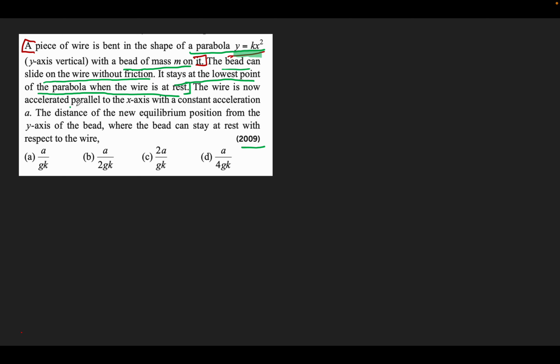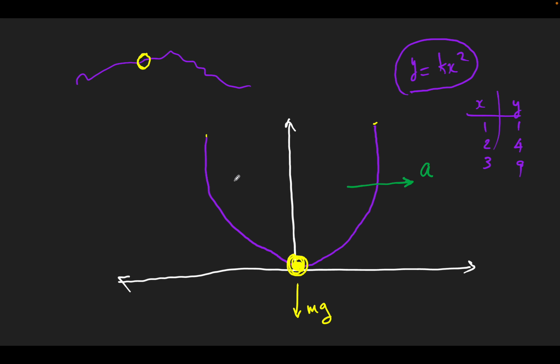It is not stated whether to the right or left. It is just moved parallel to the axis. You can put a towards the left or right. I'm taking it as towards right. It is being accelerated towards right, like this.